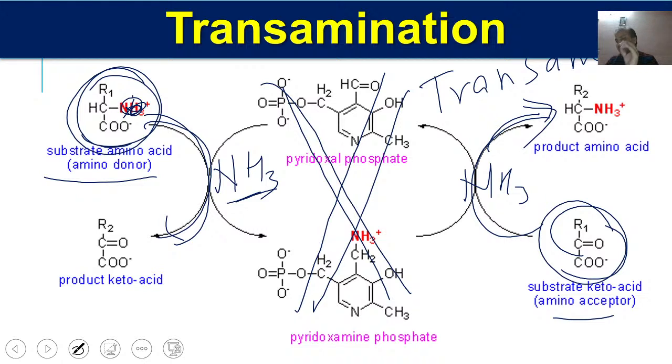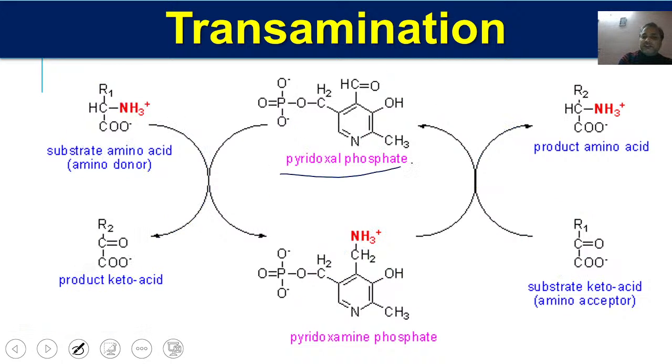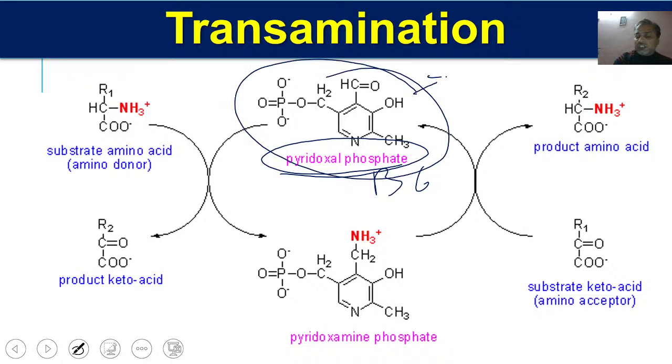So for every pair of transamination reactions, we require a specific transaminase enzyme, and every transaminase enzyme requires a cofactor called pyridoxal phosphate, PLP. This is vitamin B6. The role of vitamin B6 is that it is associated with the lysine amino acid of the enzyme. So this is just a carrier of the ammonia in transamination reactions.